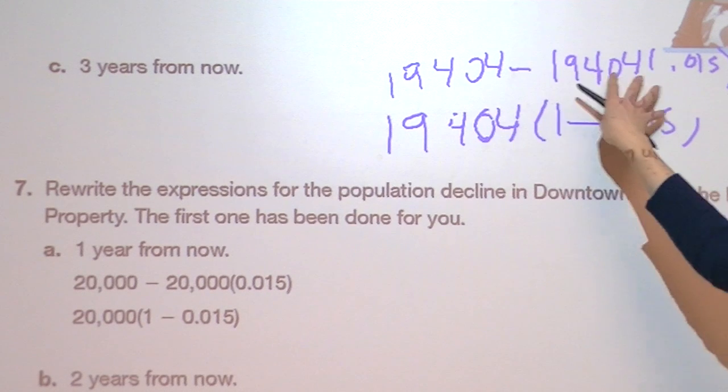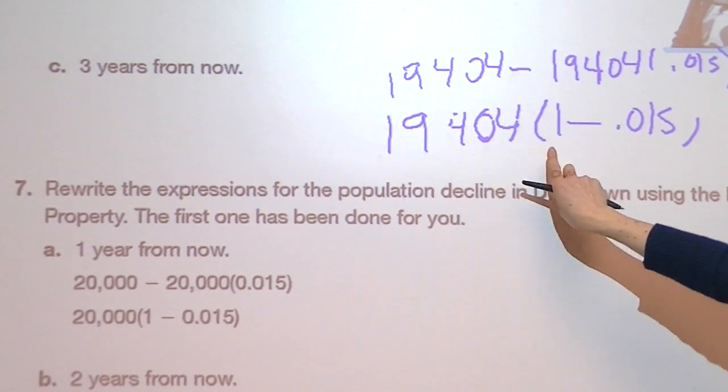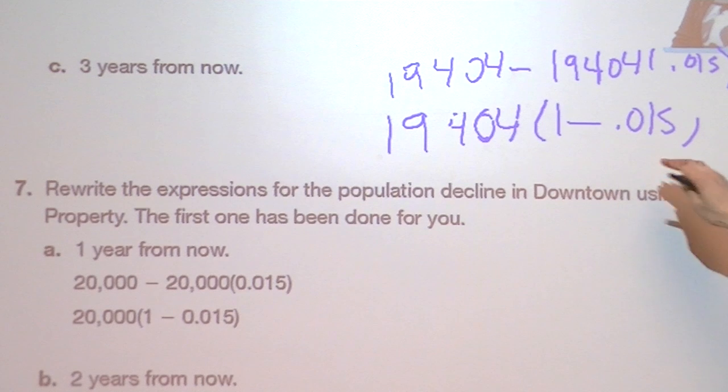So it ends up being the same answer, but this way is shorter. So I'd recommend writing it that way.